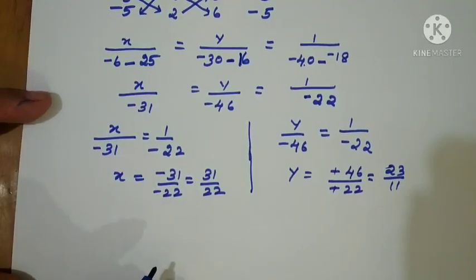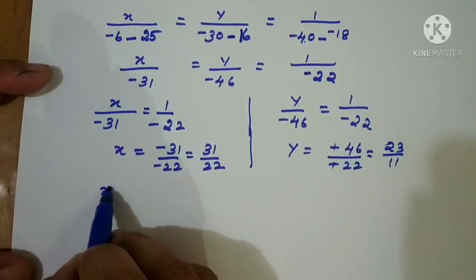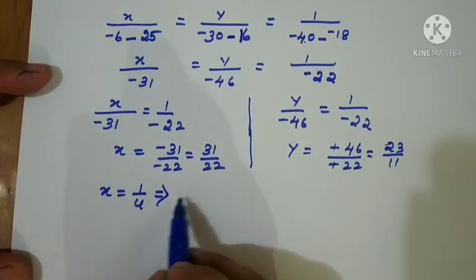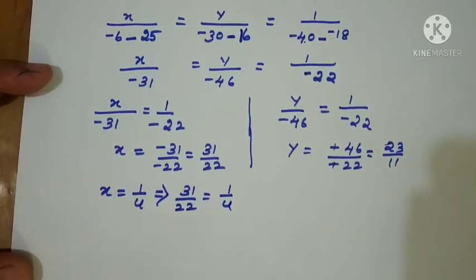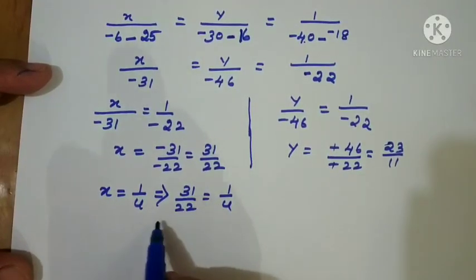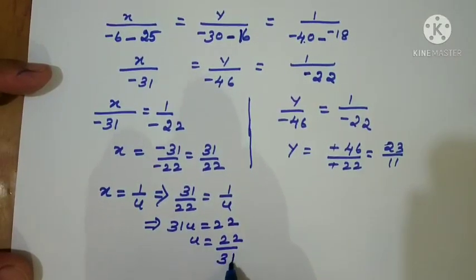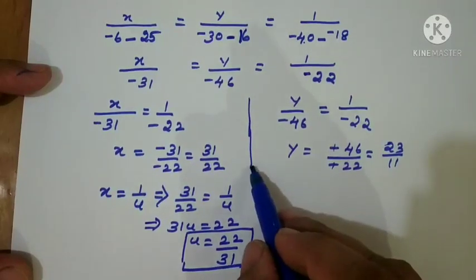Now we can go for what u and v are. We have chosen x equal to 1 by u. That means 31 by 22 equal to 1 by u. Cross multiply, otherwise reciprocal we can take. So 31u equal to 22, or u equal to 22 by 31. What is the next part?